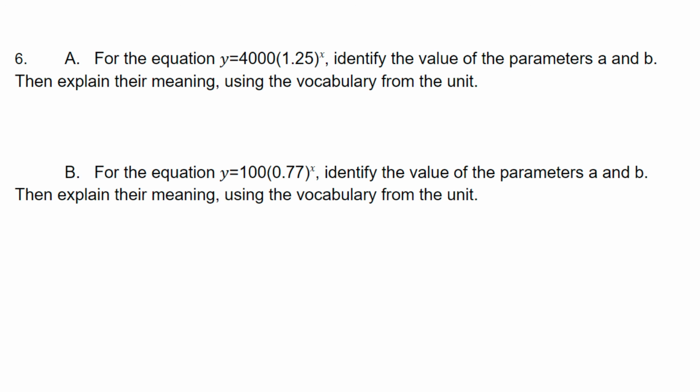Again, this is just me pointing out some verbiage to you. A and B: A on an exponential equation is the same thing as saying A sub 1. B is the same thing as saying common ratio. Starting point and the base of the equation. So this is the A value, this is the B value.